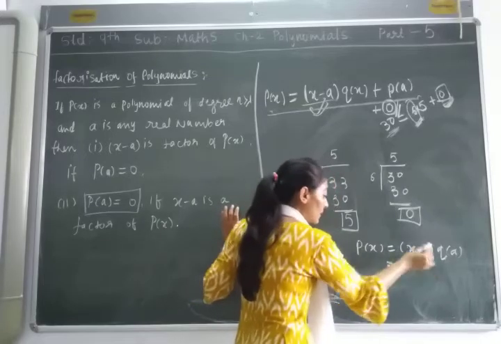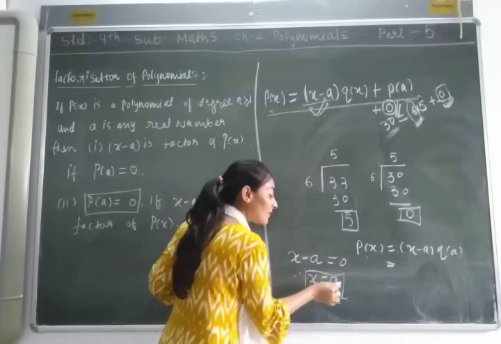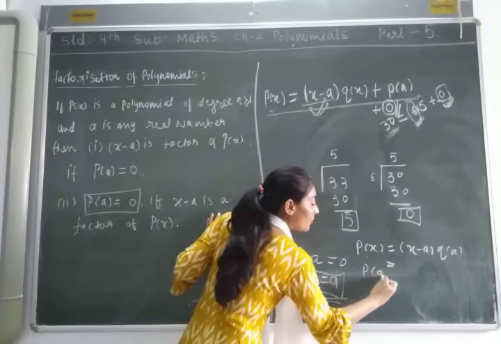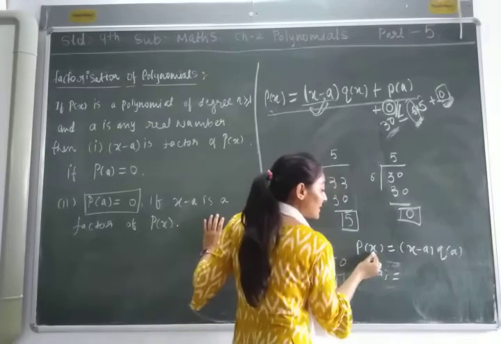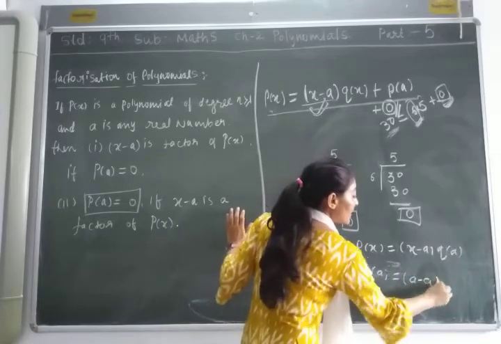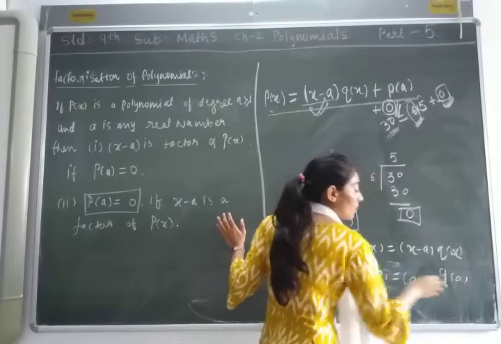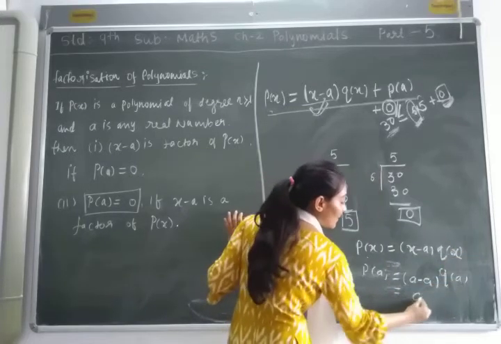x minus a is a factor of p of x. So we just replace x equals a. So I'm getting p of a here. I'm replacing this x with a, so I'm getting over here a minus a, q of a. So this one is equal to 0.